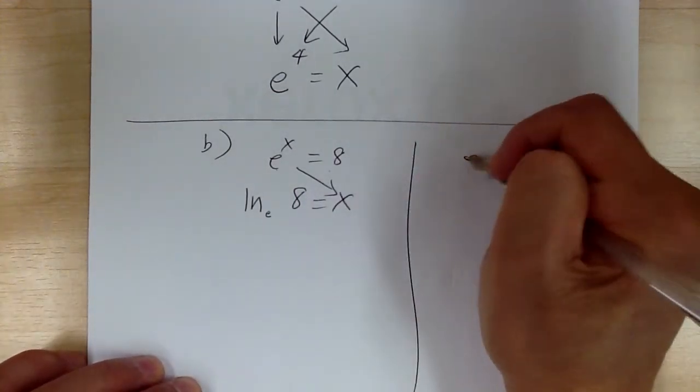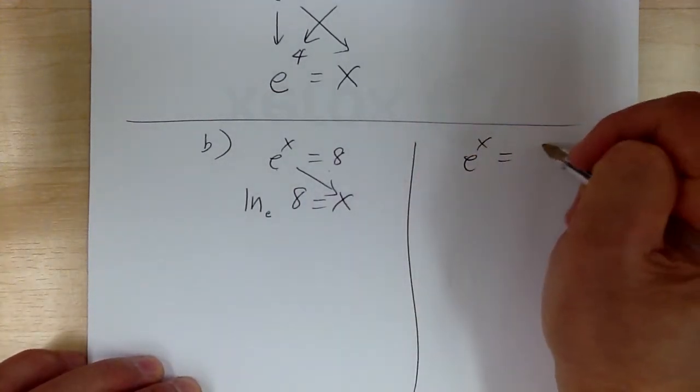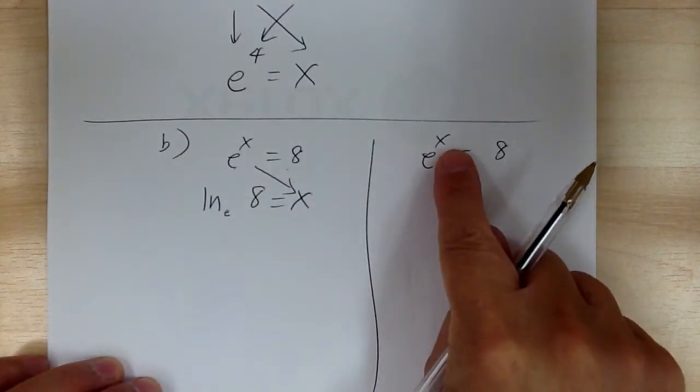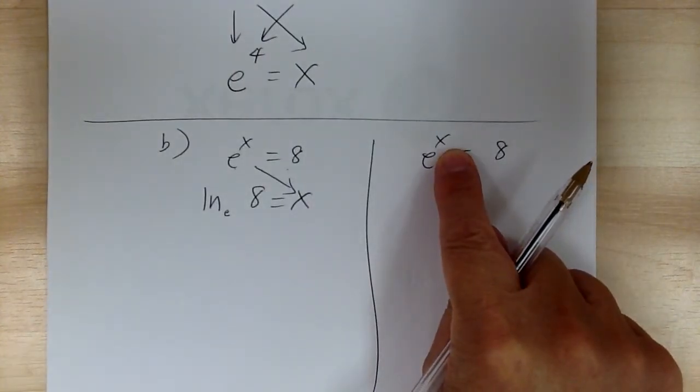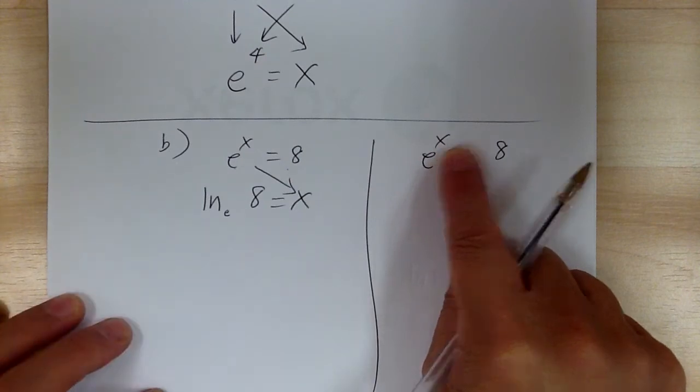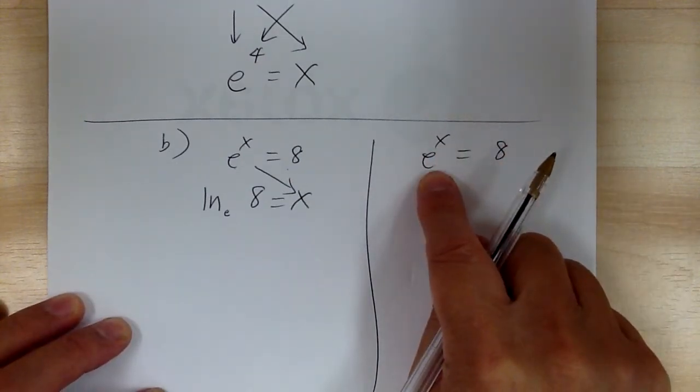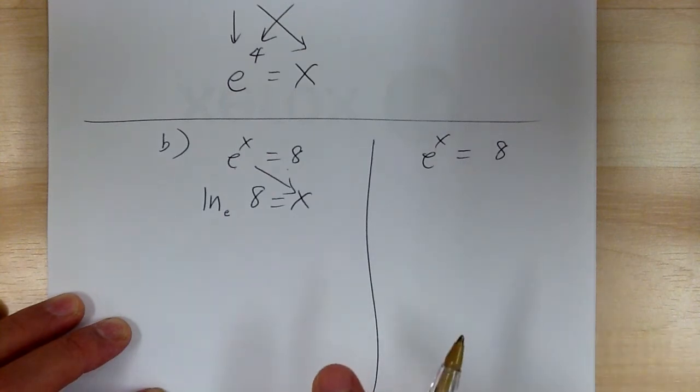Another way to do this is you have e to the x equal to 8. Because the variable x is in the exponent position, to bring it down you have to take the log. Since this is base e, you want to use the natural log. You don't want to use log, because log and e do not cancel out, so you have to use ln.